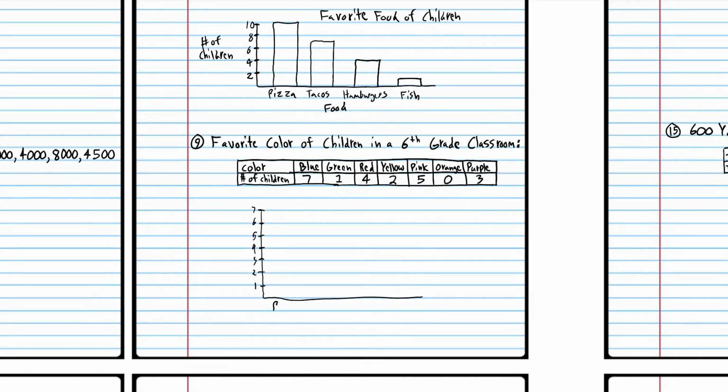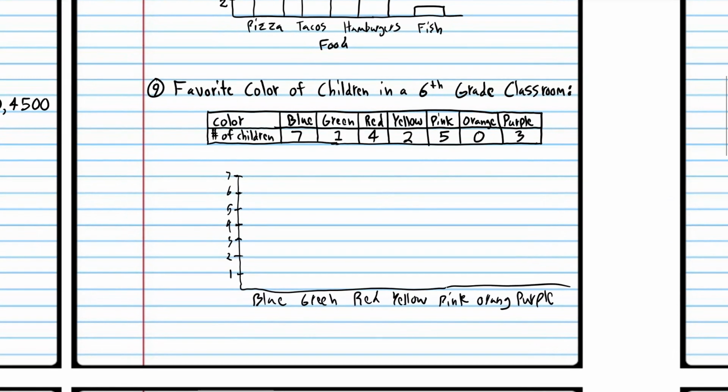And we've got blue, green, so on and so forth. All right, so 7 kids like blue. 1 kid likes green. 4 kids like red.